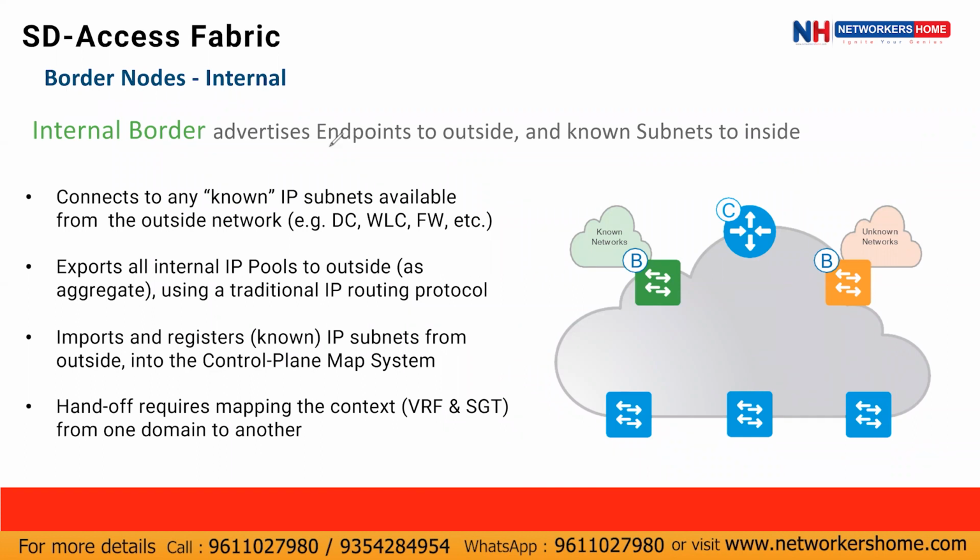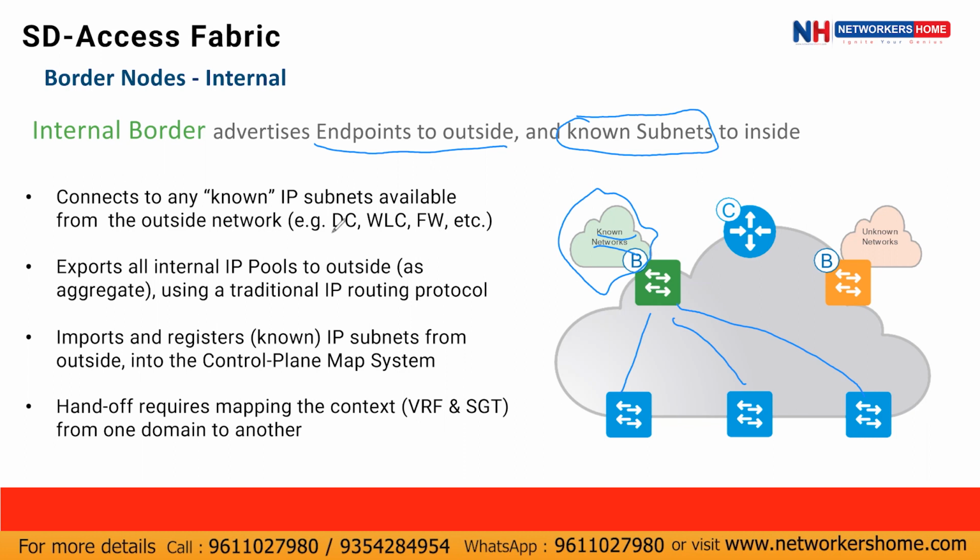Internal border advertises the endpoints to the outside, to the known networks, like advertising this information to the data center or to another site, or anything which is in the known network. Examples can be data center, wireless controller, internal firewall. Now it exports all internal IP pools to the outside using a traditional IP routing protocol, because the fabric ends here.